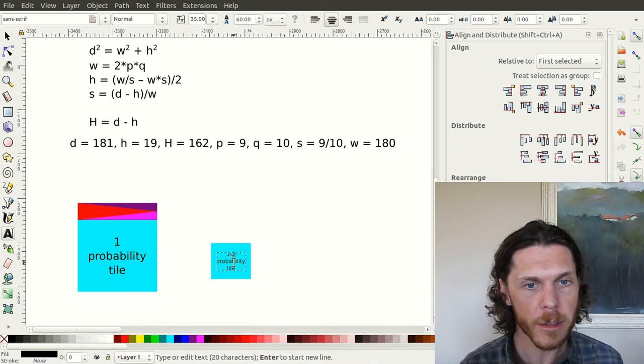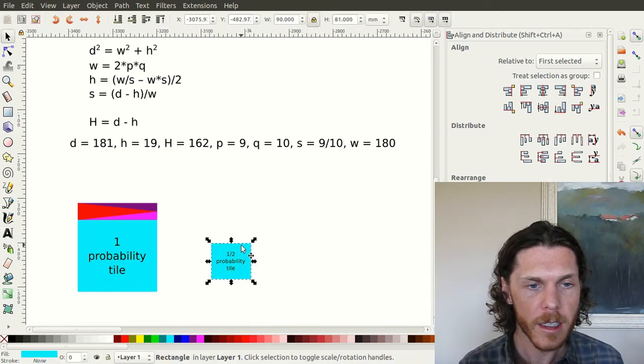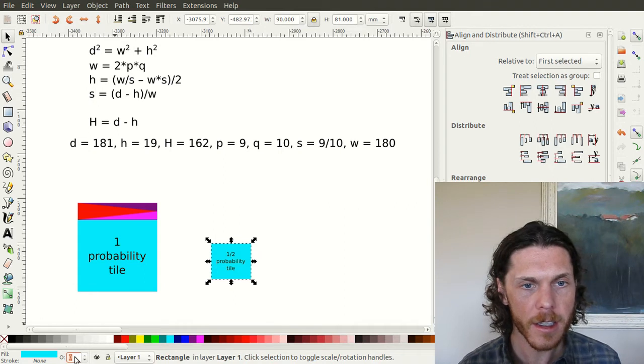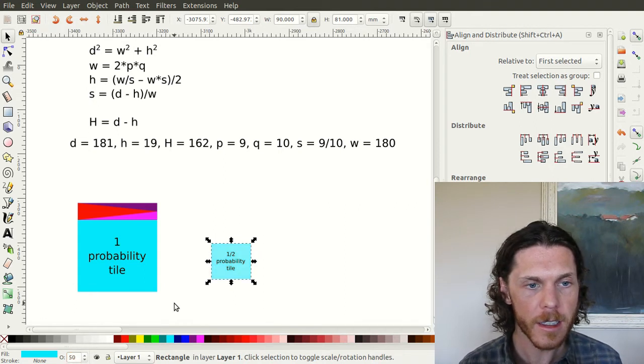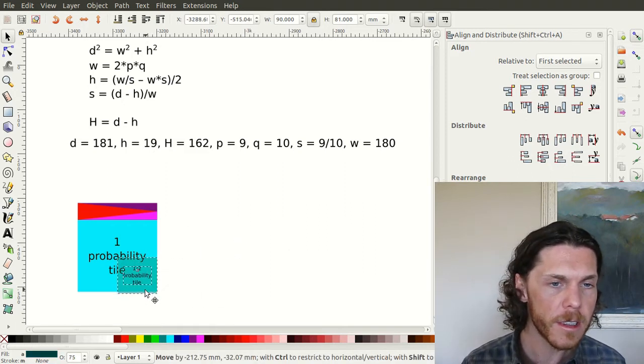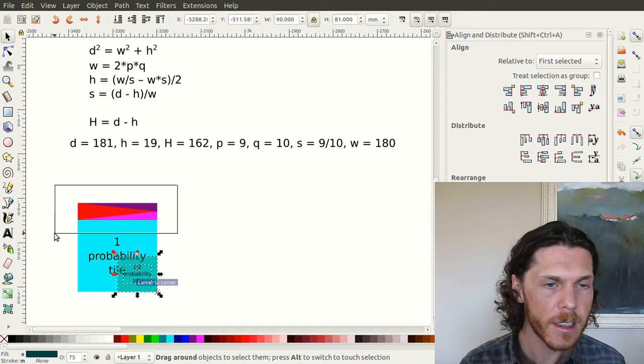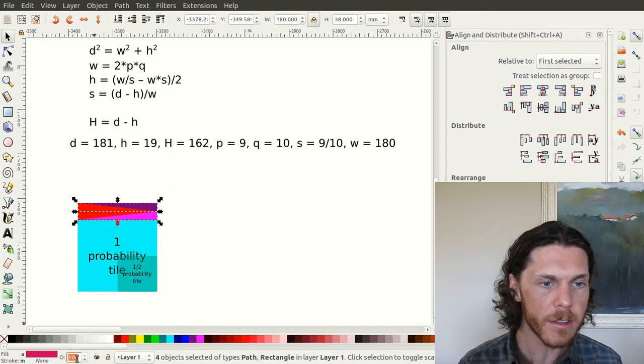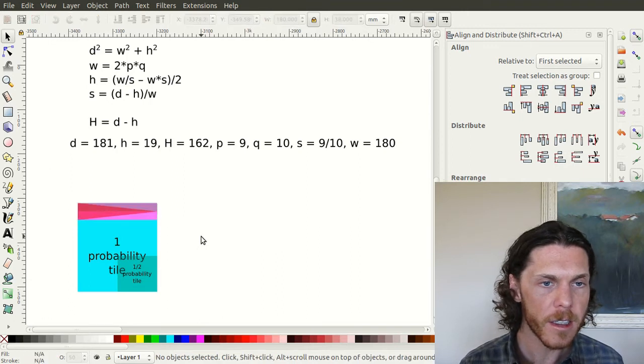So giving it the right label and making it a bit transparent, changing its color so it's easier to see the difference between the two tiles. Giving the base unit child transparency as well, so we can see how it relates to the tiles behind it.